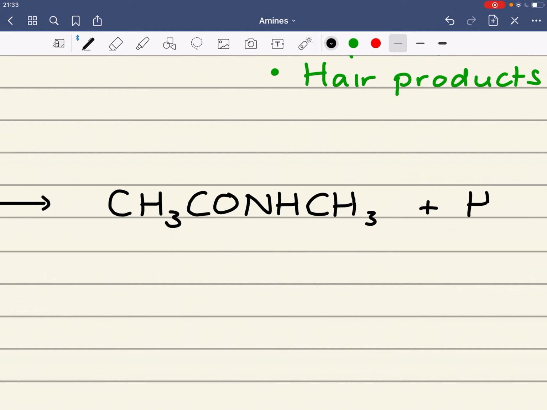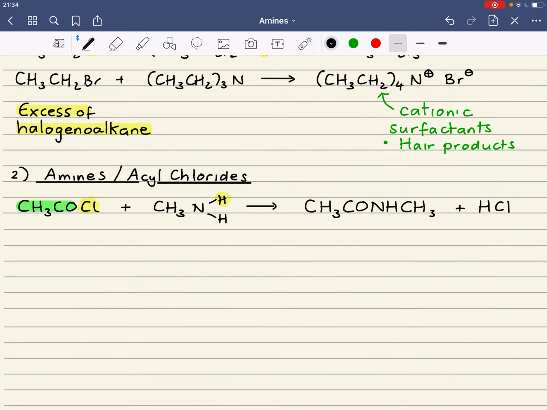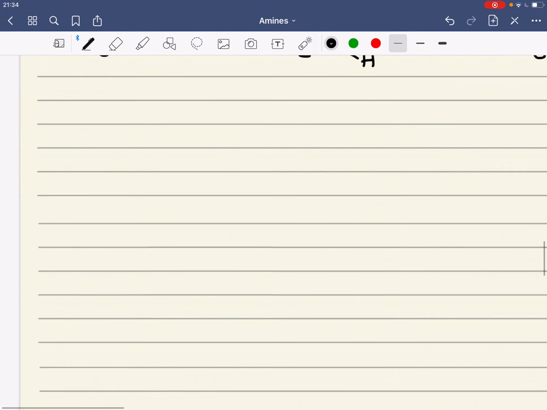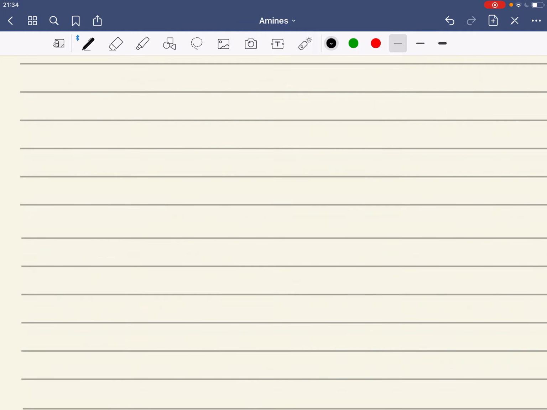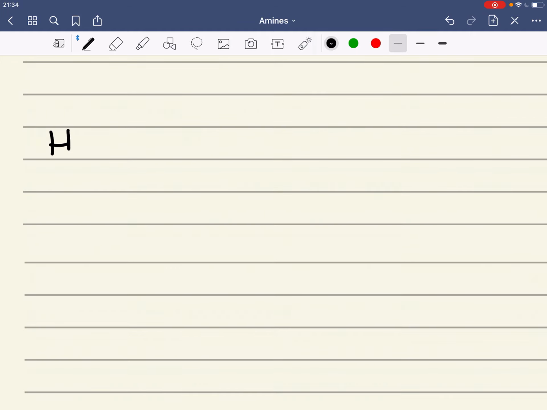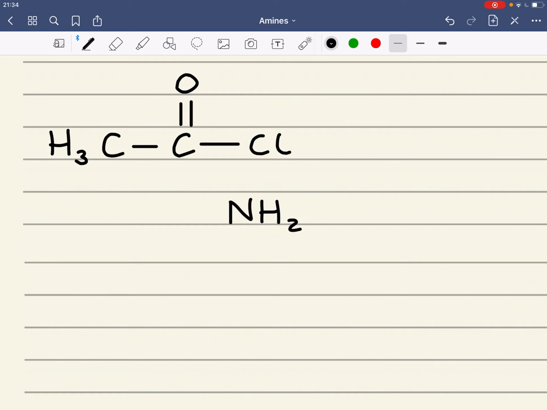So we're going to have a look at the mechanism for this reaction now, and hopefully we can remember that this mechanism is called a nucleophilic addition elimination mechanism. Again, the base of an arrow has to start from a lone pair or the centre of a bond.